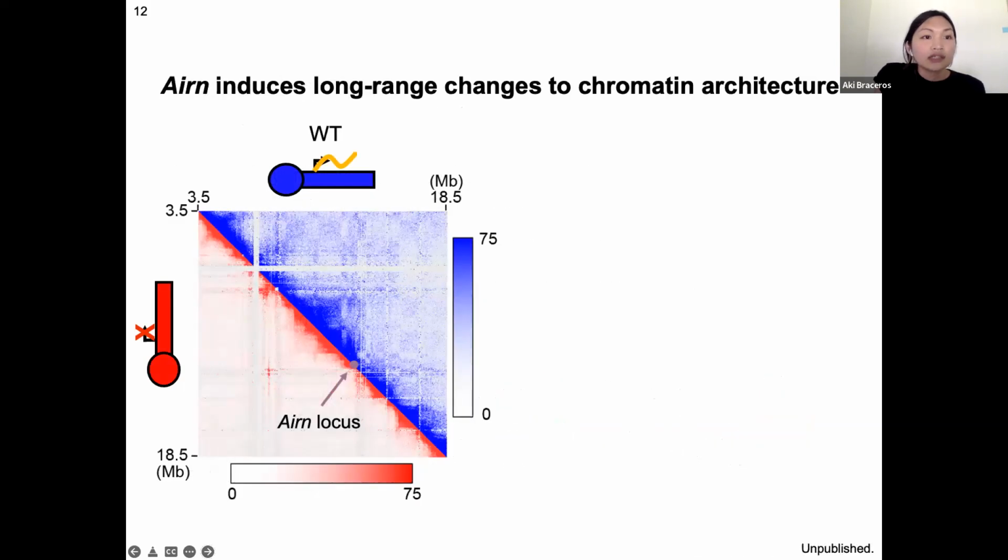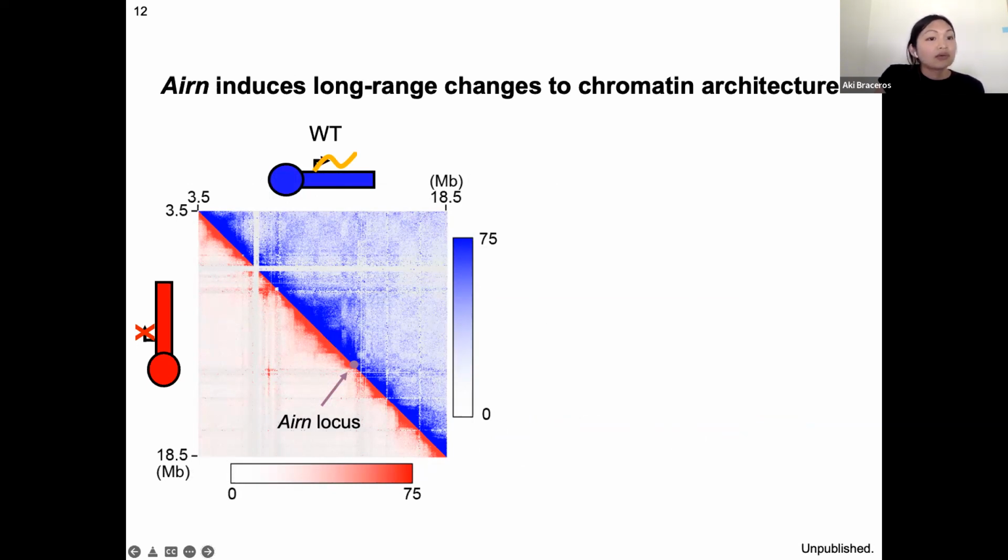All right, so now moving on to the Hi-C data, I'm showing you a 2D heat map of all the pairwise contacts occurring across the 12 megabase Airn silenced domain. And so to read a Hi-C heat map, each pixel on this heat map represents a contact, and the color intensity of that pixel represents the contact frequency.